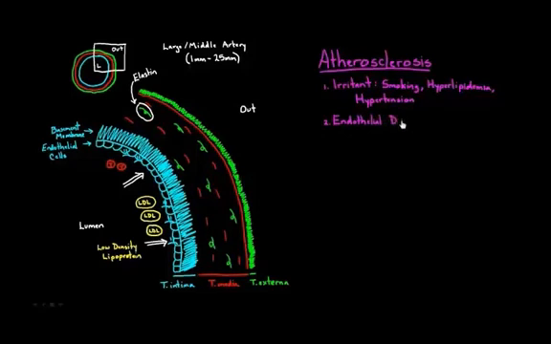And I'll try to be a little bit more specific. Endothelial cells are basically a barrier, right? They're creating a barrier between what is flowing through the blood and the wall itself. They're the first thing that molecules and cells in the blood are going to see. And so if you have endothelial dysfunction, what you get is that this barrier starts breaking down.